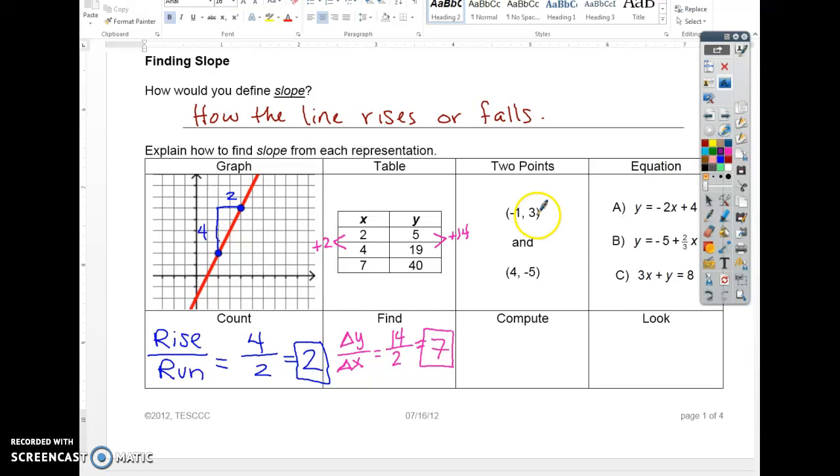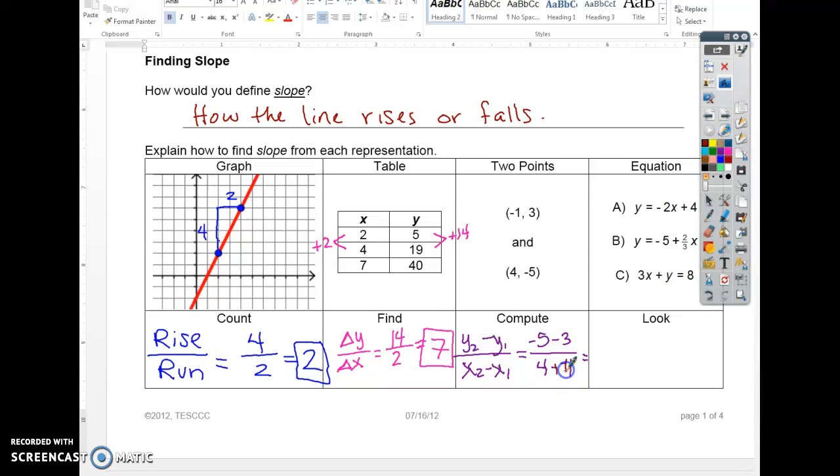Same thing here. How much the y's are changing by, or you can use the formula y2 minus y1 over x2 minus x1, the slope formula. So that's negative 5 minus 3 divided by 4 minus a negative 1.